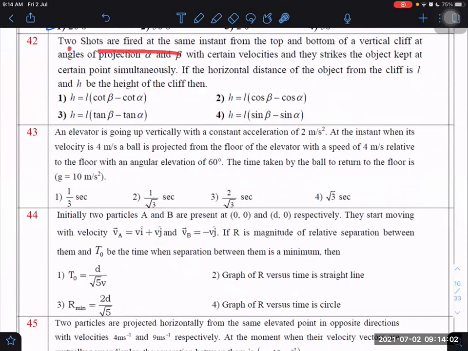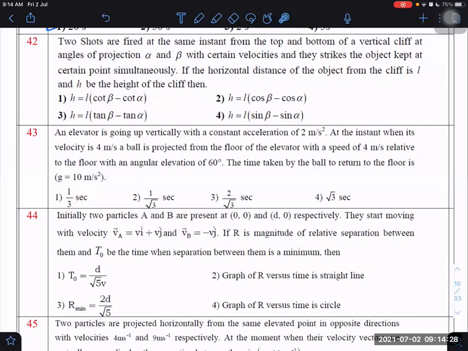Two shots are fired at the same instant from the top and the bottom of a vertical cliff at angles of projection alpha and beta with certain velocities, and they strike the object kept at a certain point simultaneously. If the horizontal distance of the object from the cliff is L and H be the height of the cliff, then what is it?